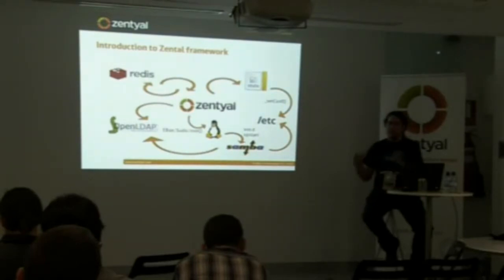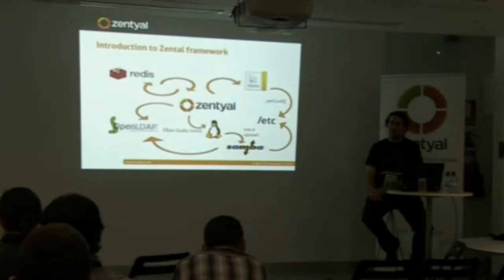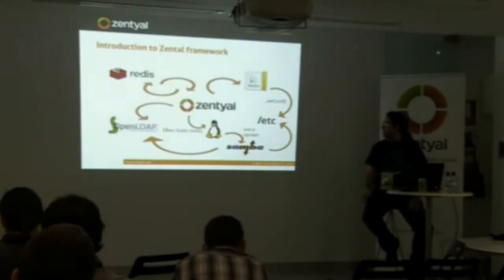I mean, we don't write the file directly, adding the lines we need. We use a template to which Zentyal passes some parameters, some variables, and some values. And it usually has some conditions. I mean, if that variable is set to true, add that line, or not.